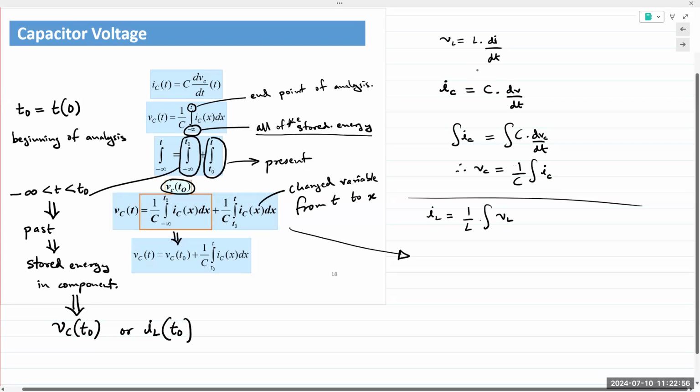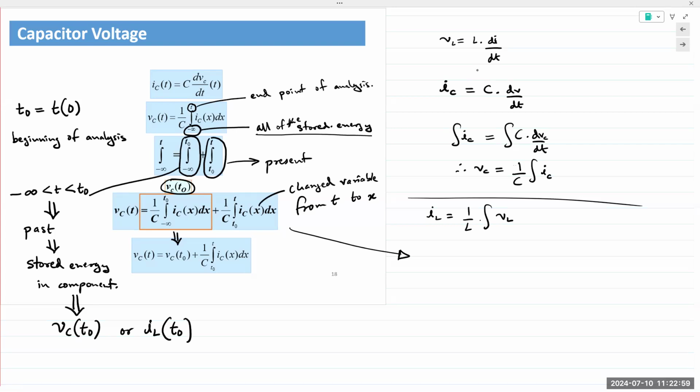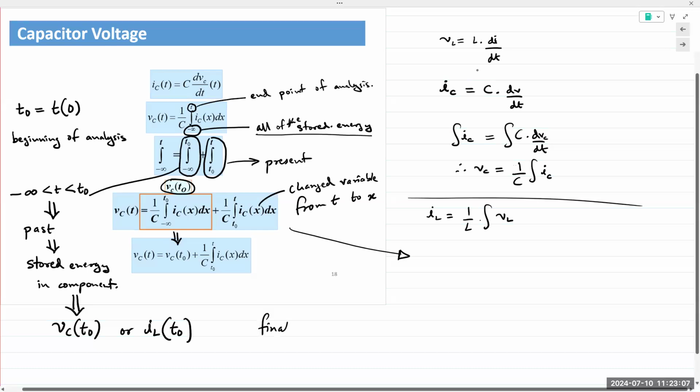And the reason is because we want the final answer as a function of time t. Meaning we want the answer as v of t or i of t.